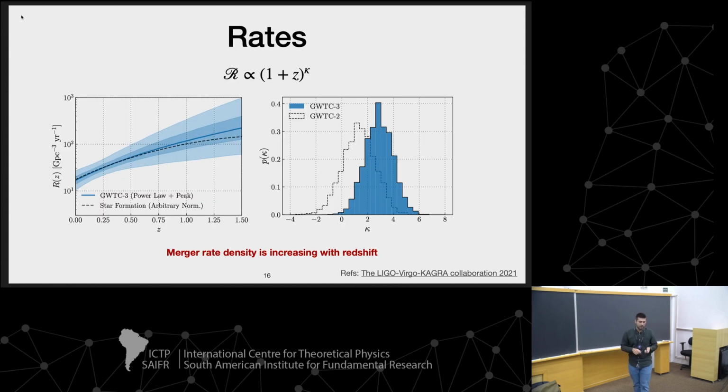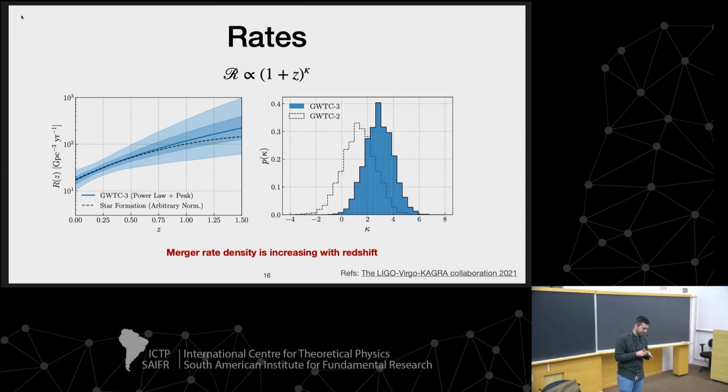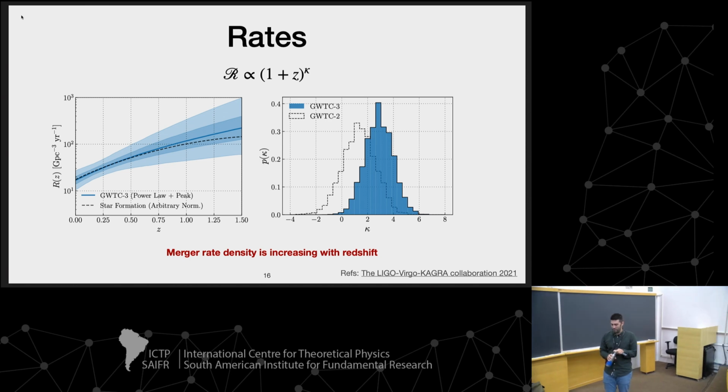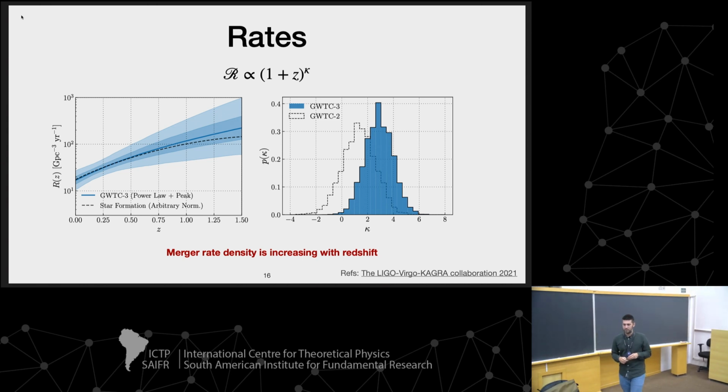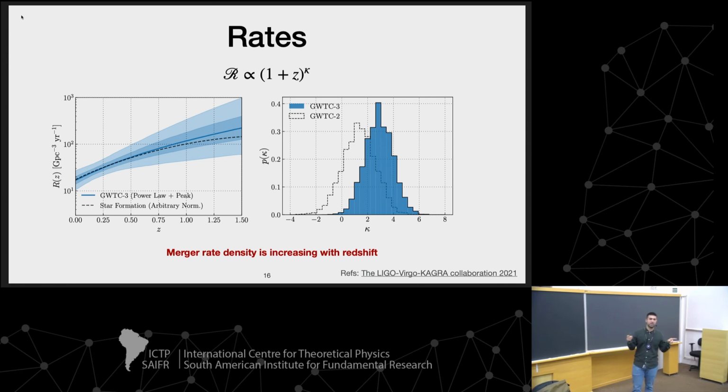The rates. The rates are of prominent importance because this is also the topic of my PhD thesis. So what are the rates? Basically, what you want to measure is the total number of merging sources.